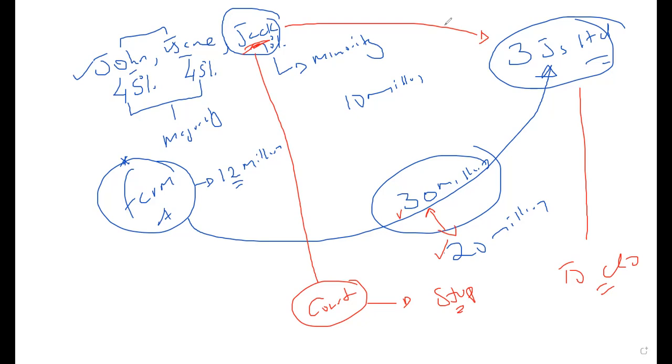Remember, when we talked about the consequences of incorporation, we said a company can own property under its own name, which means a company can sue and be sued. So Jack should not be suing on behalf of the company. The company should sue on its own. Is that clear?